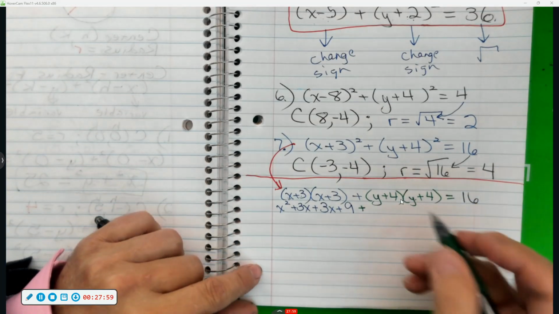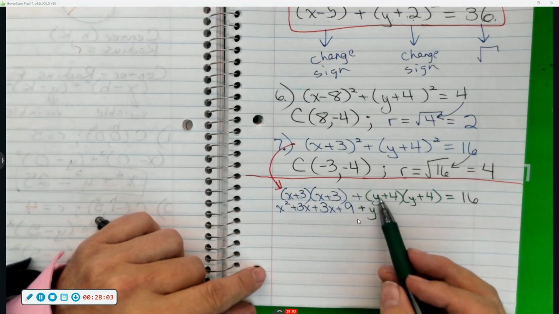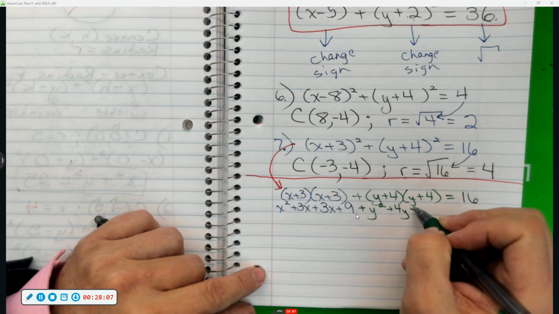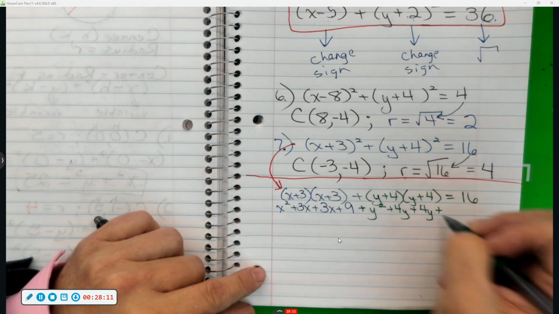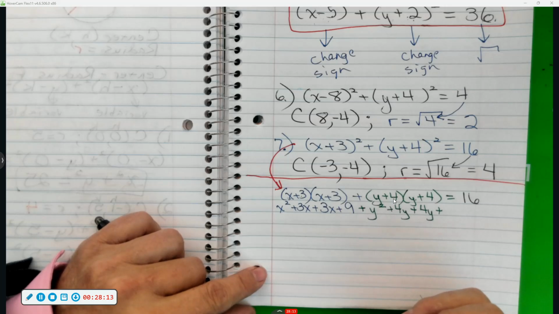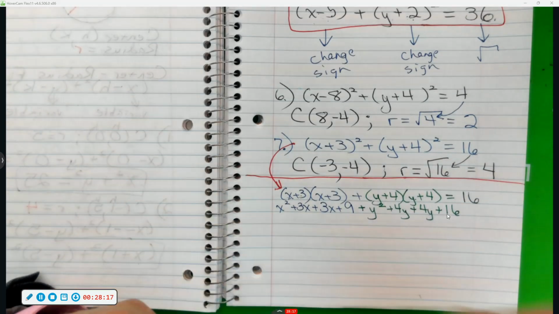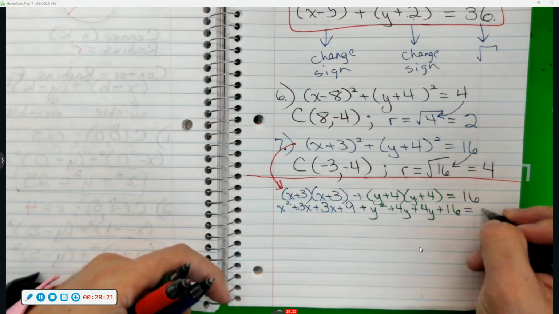Y times y, first, is y squared. Outer, plus 4y. Inner, plus 4y. Last, 16, I agree. Equals a 16.